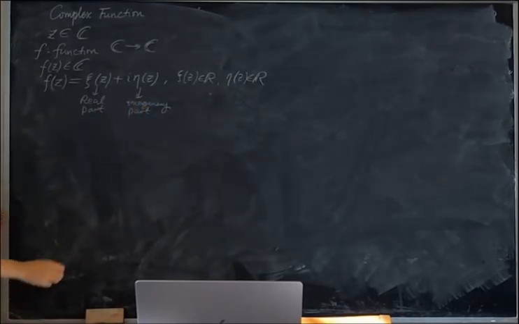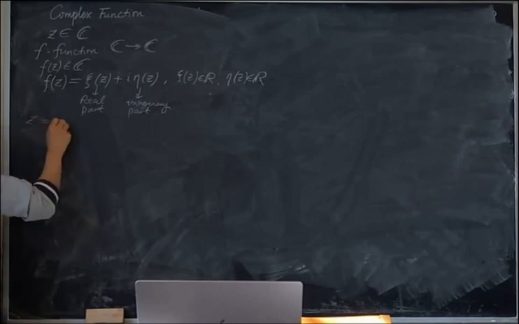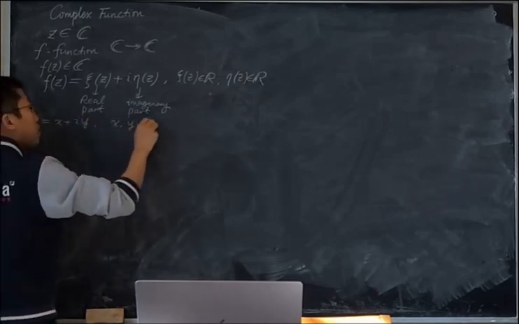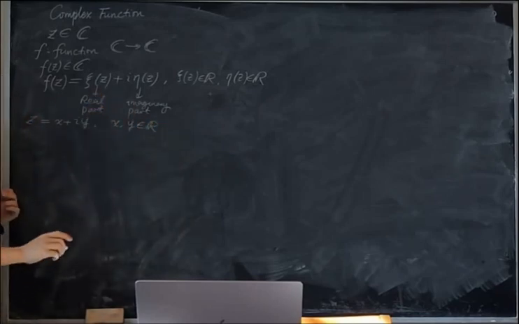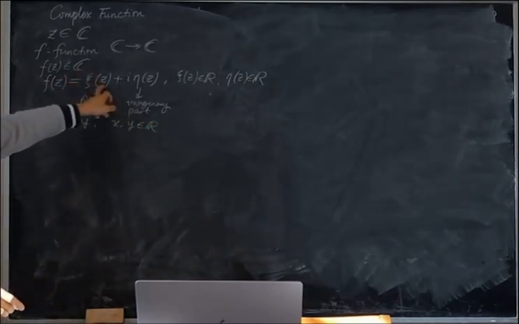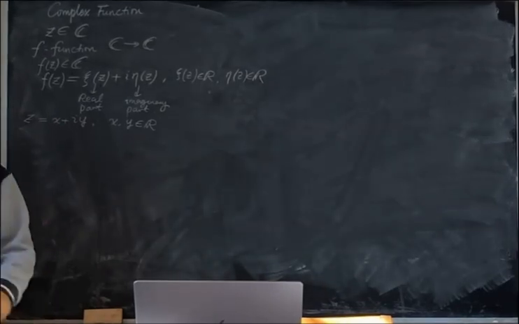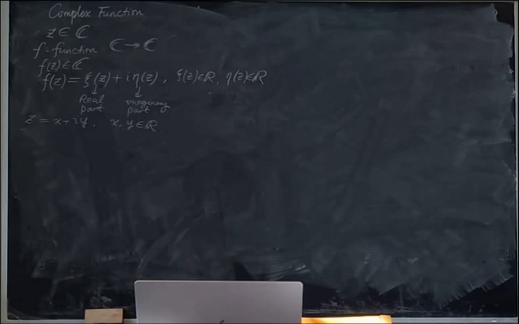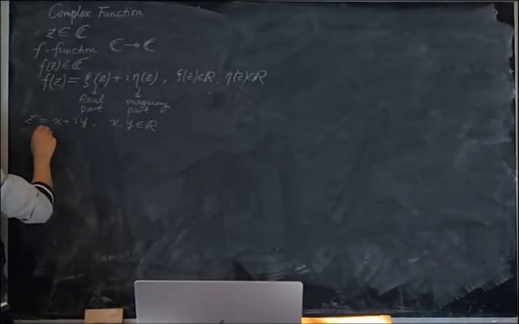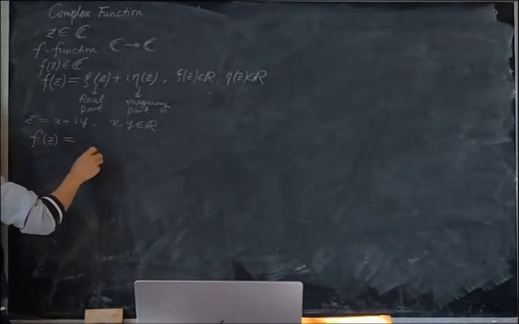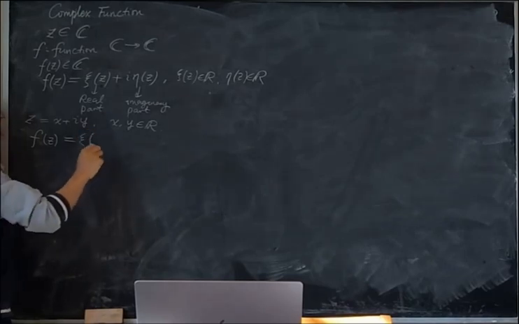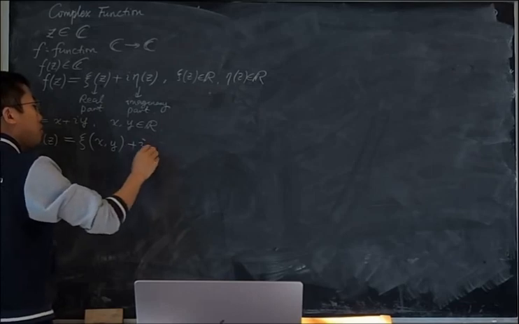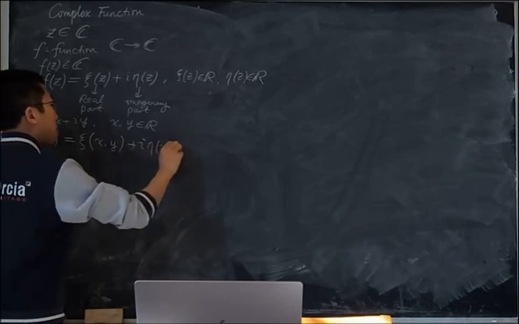Okay. And we know that z actually equals x plus iy, right? Where x and y are both real numbers. In this way, z can be regarded as some sort of combination of x and y. So it is also fair to write the complex function as the real part of x and y plus the imaginary part of x and y.